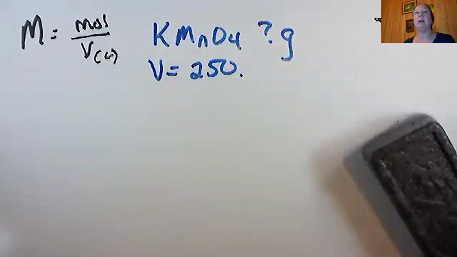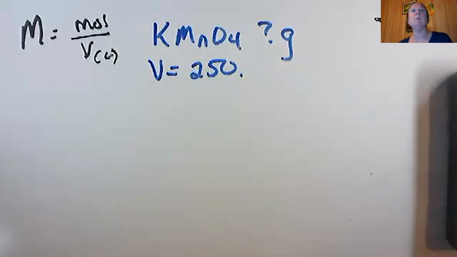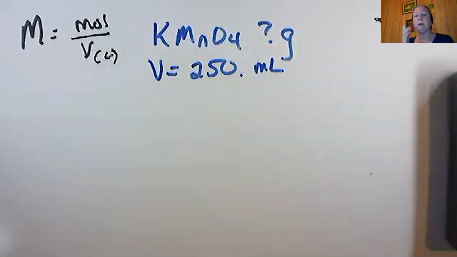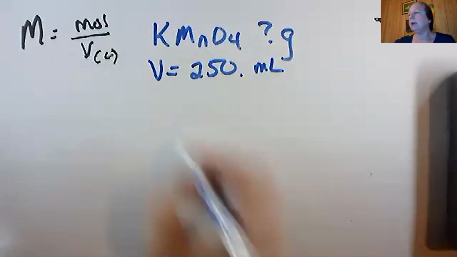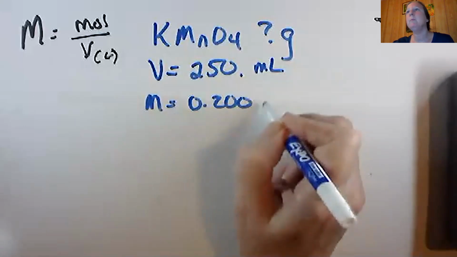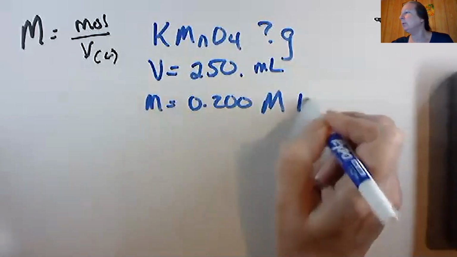It does have a dot after, which tells us that the 0 is significant. It's something, I'll be honest with you, I never saw when I was learning chemistry, but I had a student show me. I need my unit. And the concentration is 0.200 molar potassium permanganate.